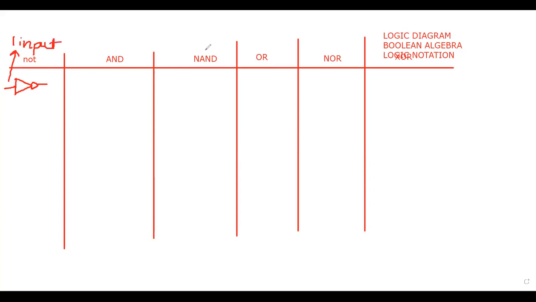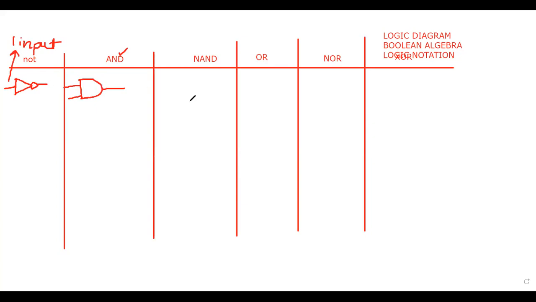Then we have got the AND gate. The shape of the AND gate is the shape of the letter D. Clear? There are two inputs and always one output after the current is passed from any type of gate.